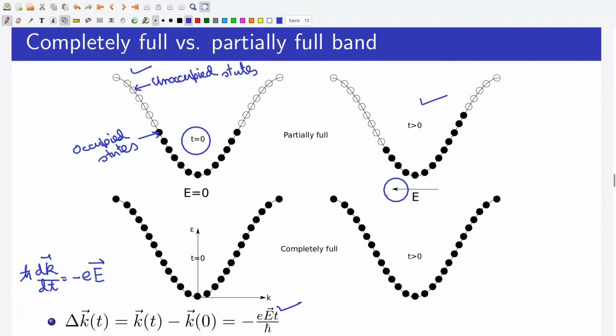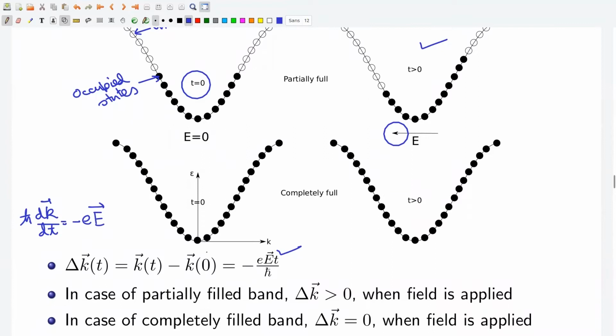Note that before applying the field, an equal number of positive and negative k points were occupied. After applying the field, a larger number of positive k points are occupied. As a result, the net change of k is positive when the field is applied in this particular direction. Now, let us consider the case of a completely filled band.